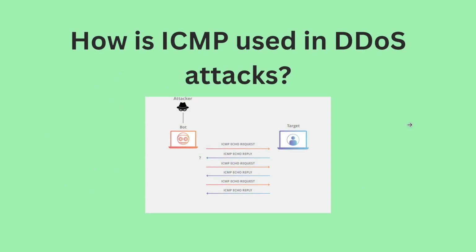Next we're going to discuss how ICMP is used in a DDoS attack. So apart from all these functionalities of ICMP, it can also be used by a hacker to crash a website or to make it unreachable.